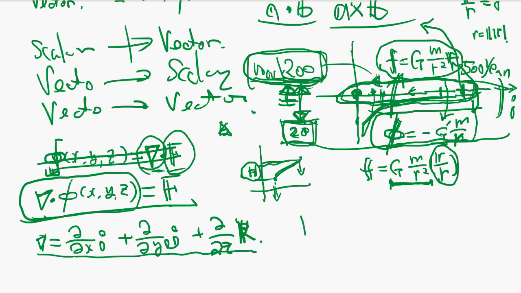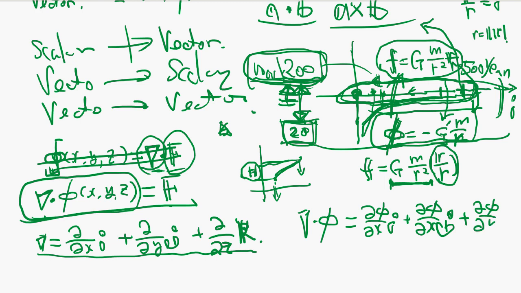So the potential energy is going to be I plus partial derivative, and this becomes the j component, and that is the F force.